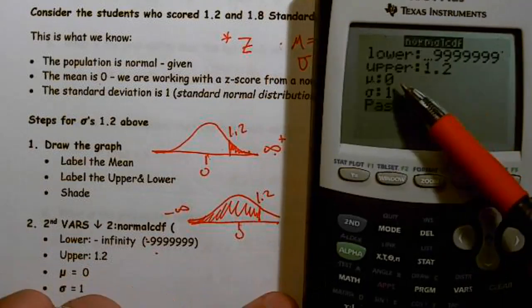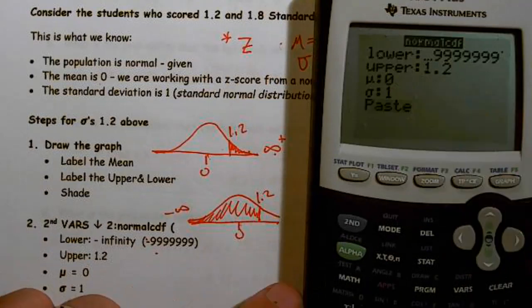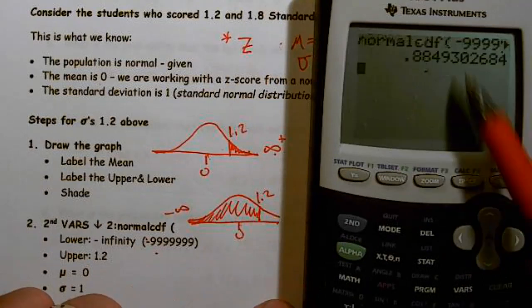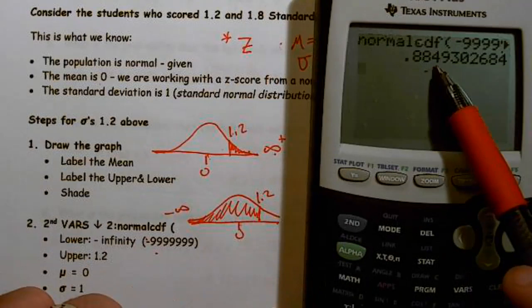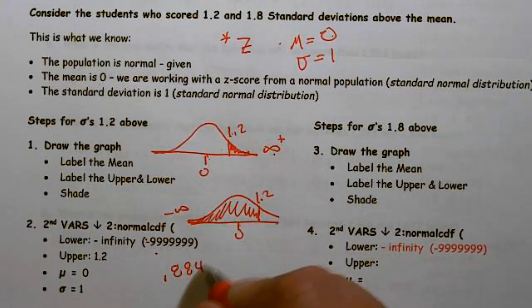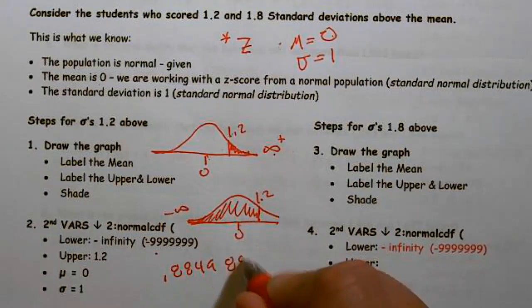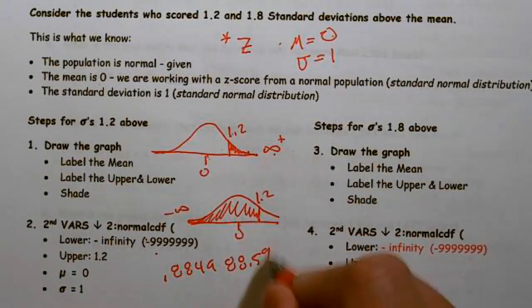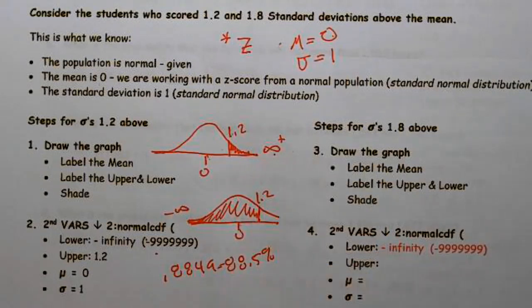And once again, because they gave me a z-score and it's a normal, I know this is true. I press enter. And I get 0.8849. So 0.8849. In other words, about 88.5%. About at the 88.5 percentile. And we usually want to go 4 decimal places, so please keep that in mind.